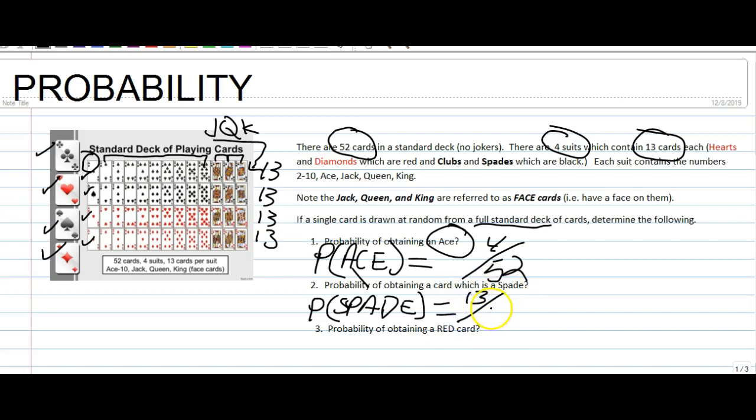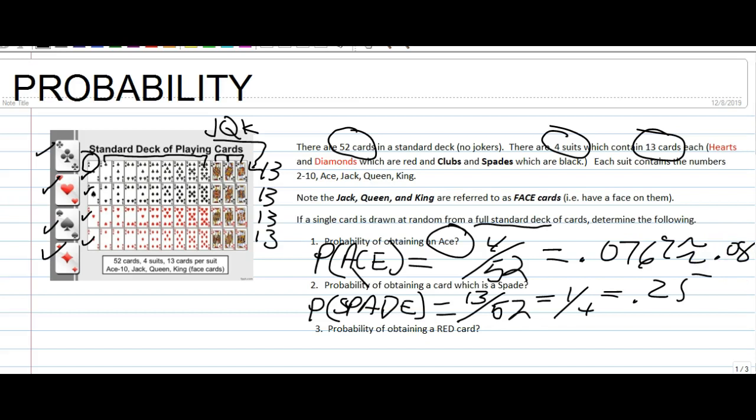And 13 out of a total of 52 cards is equal to 1/4, which is 0.25. And of course I didn't write this as a decimal. 4 over 52 written as a decimal is 0.0769, which is approximately equal to 0.08. And generally I'll tell you what place value I want you to round off to.